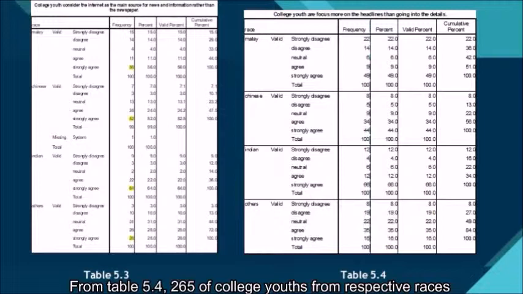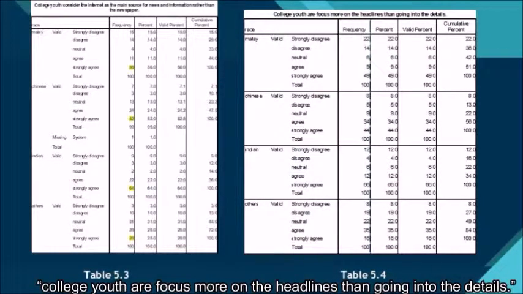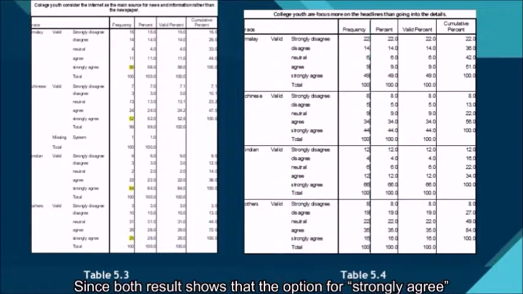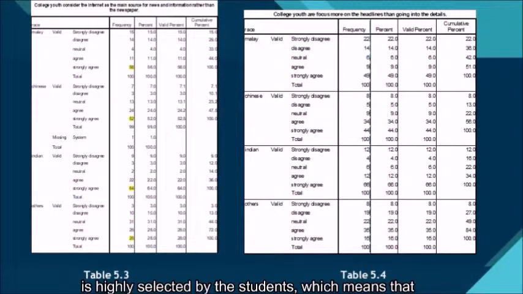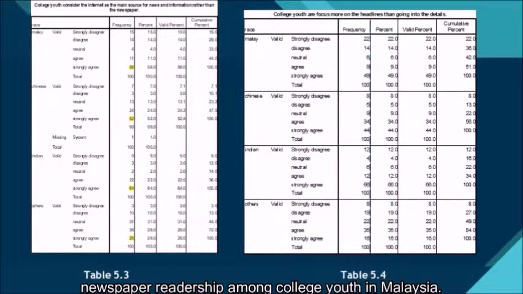From Table 5.4, 265 college youth from respective races show a sense of agreement to this statement. College youth focus more on the headlines than going into the details, since both results show that the option for strongly agree is highly selected by the students, which means that race has no significant relationship towards newspaper readership among college youth in Malaysia.